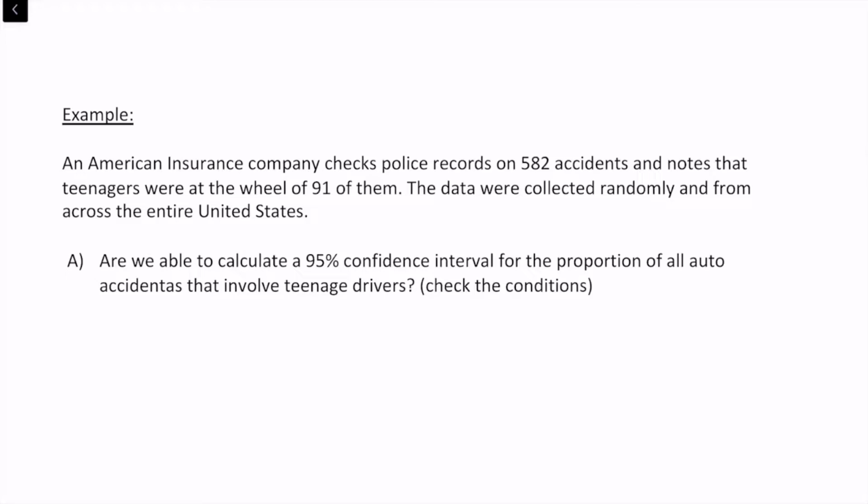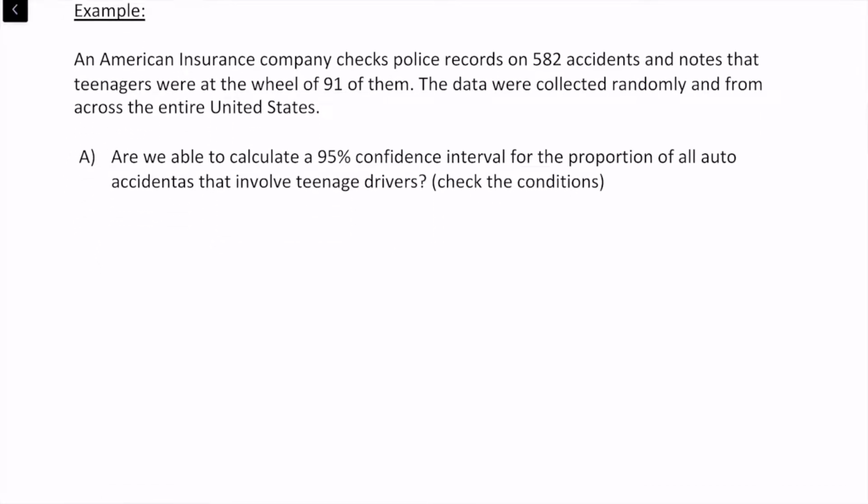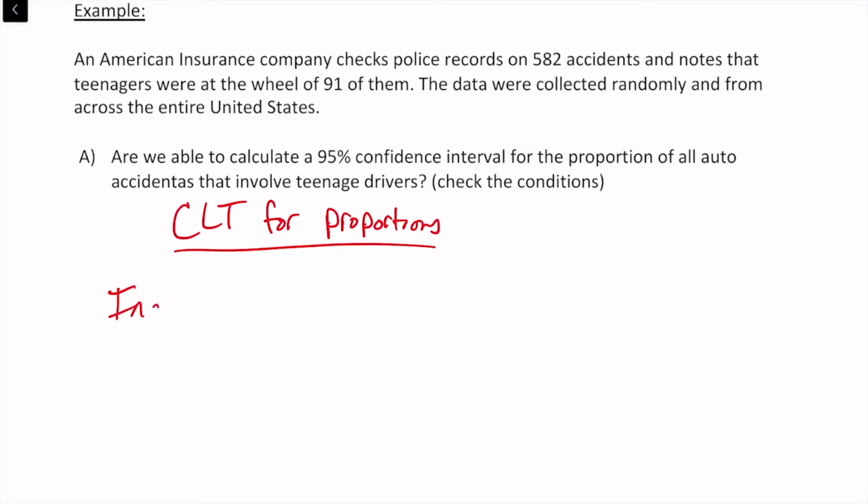Check the conditions. Once again, I keep referring to the intro to probability video, but remember we're going to use the central limit theorem, abbreviated CLT, for proportions. That tells us what to check for. The first thing we need to check is the independence assumption.